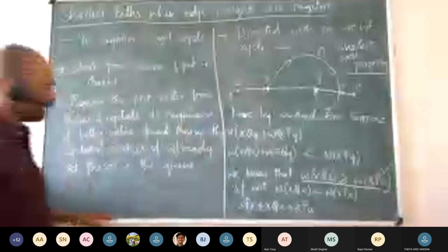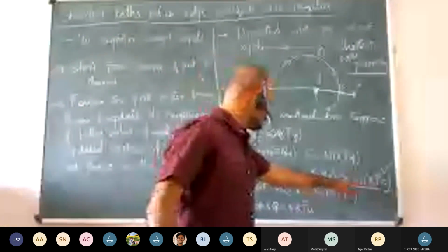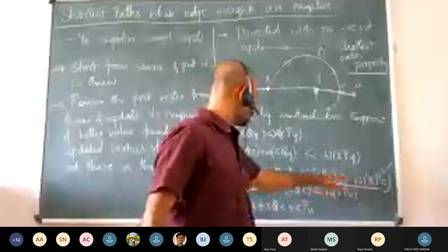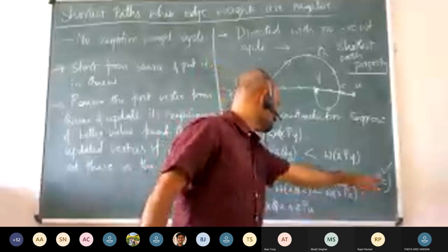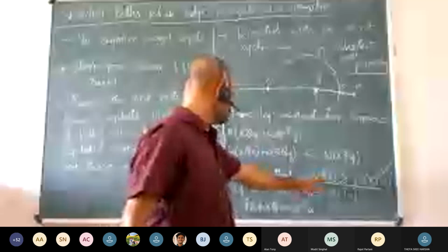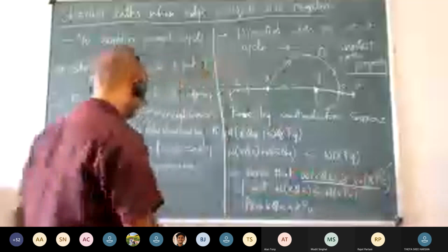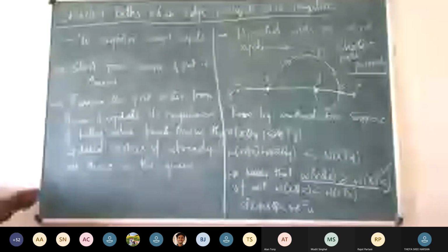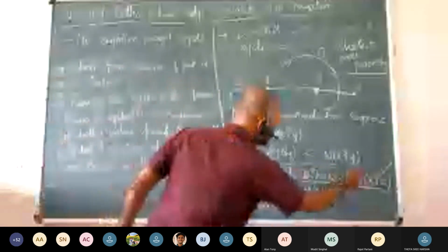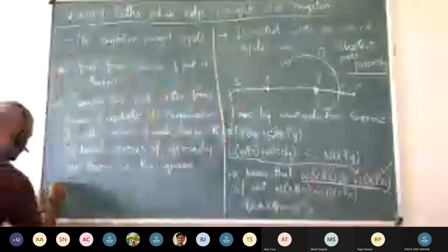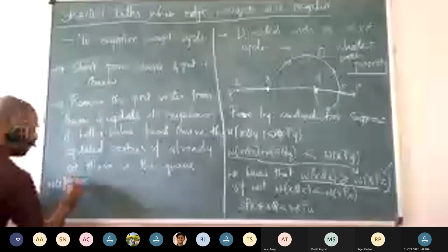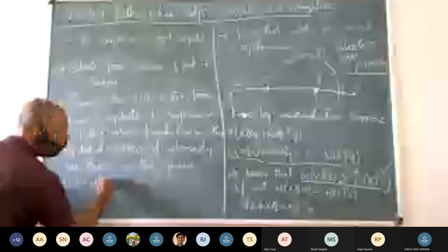Once that is true, then what do we do? Instead of XQZ here, we can substitute XPZ. Since this is greater than or equal to this, and we are substituting a smaller quantity, this inequality will still hold true. So the weight of XPZ plus the weight of ZQY is strictly less than the weight of XPY.